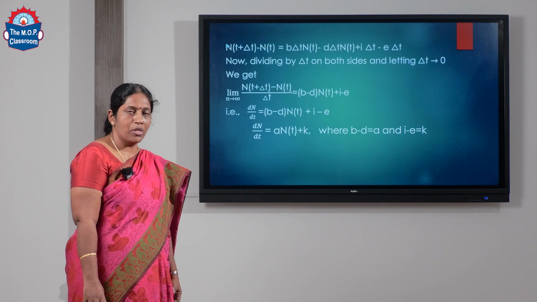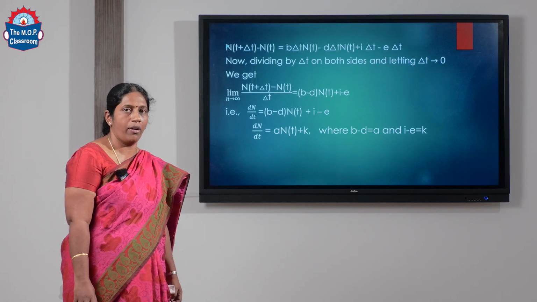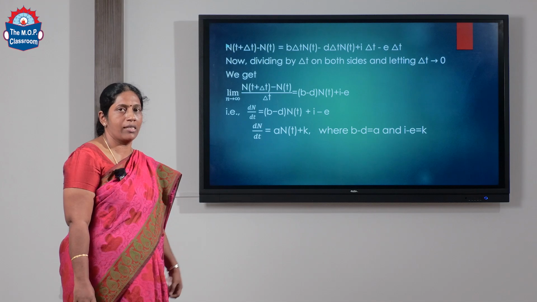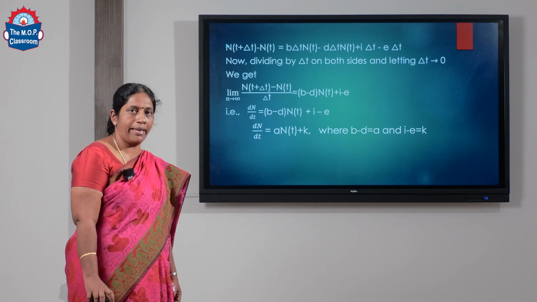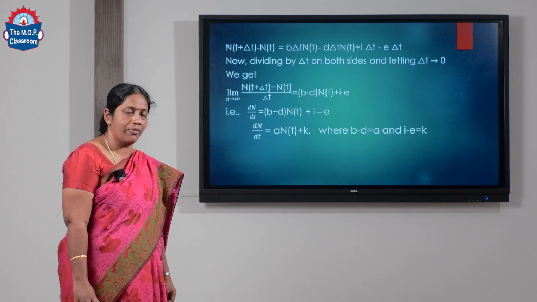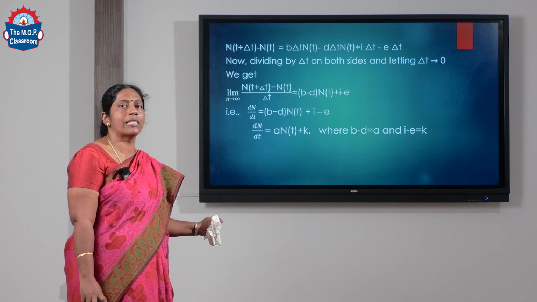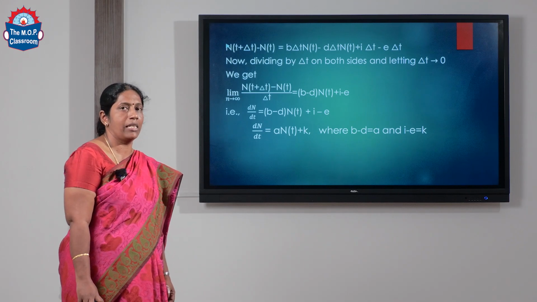Proceeding by a similar procedure as for the simple population growth model, taking N(t) to the other side, dividing both sides by delta t and letting delta t tend to 0, we arrive at the differential equation dN/dt is equal to (b minus d) N(t) plus (I minus E).